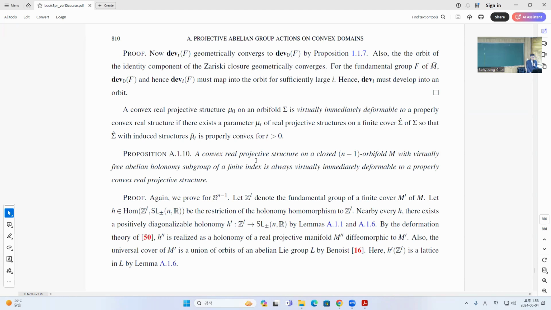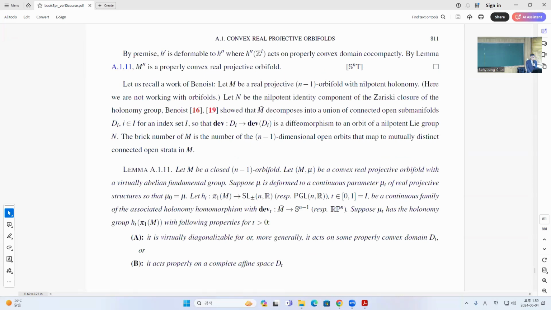So proposition A.10 is that if you have a convex projective structure with virtually abelian fundamental group, with holonomy group of finite index, it is always virtually deformable to a properly convex one. Okay, so you can just work with the finite-index subgroup as a fundamental group, and then this follows from my previous way of deforming. Okay, so that's how you can do it.